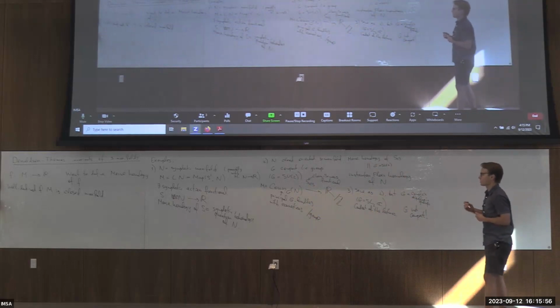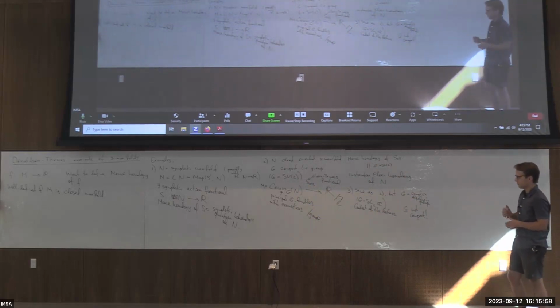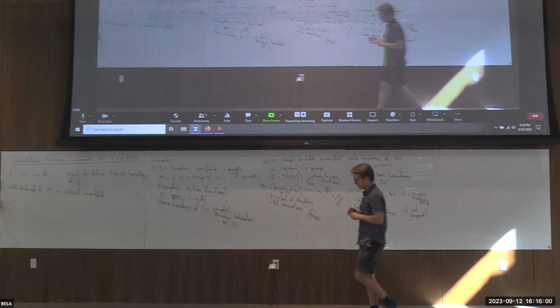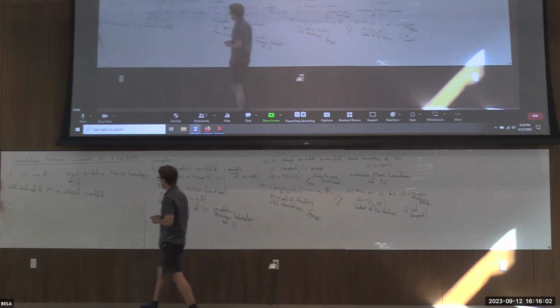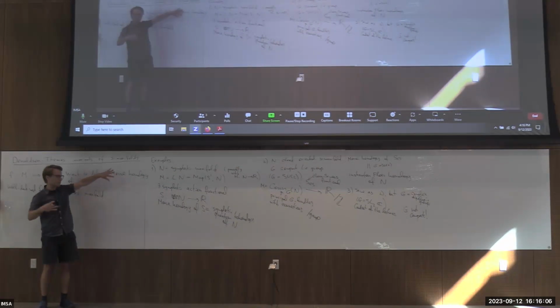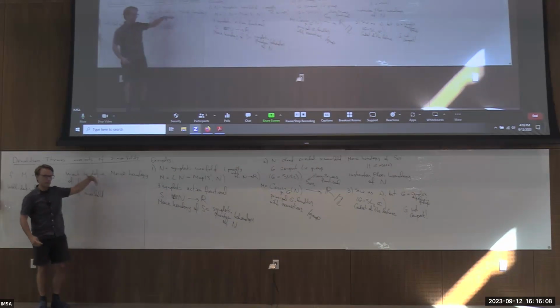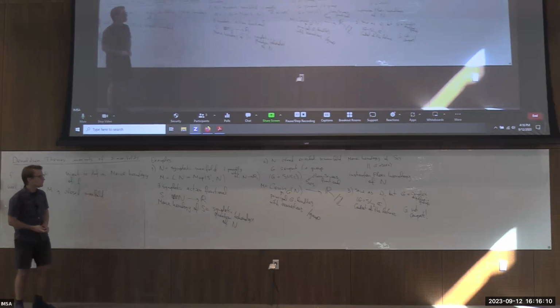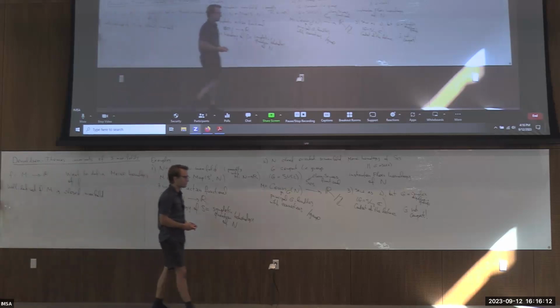Okay. So next I want to just give some flavor, some kind of understanding of what this Morse homology is. I'm going to give different versions of this homology theory. They're all going to be equivalent in various ways.